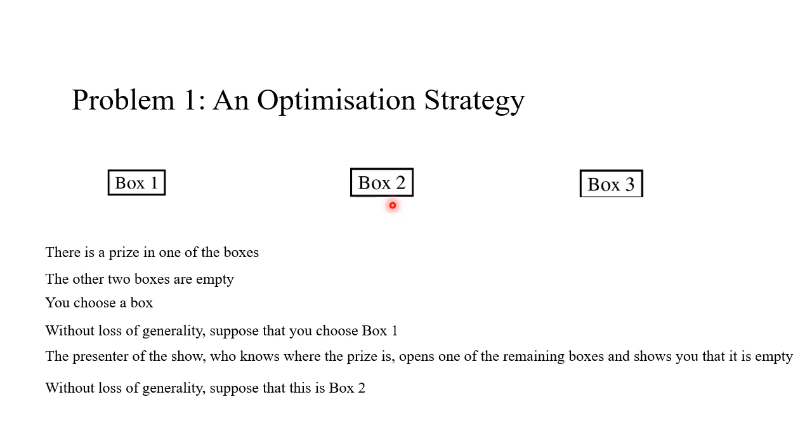And then he gives you a choice. Would you like to stay with your original choice, box 1, or switch to the remaining box, which in this case is box 3?